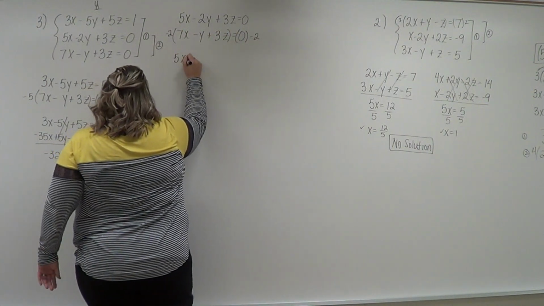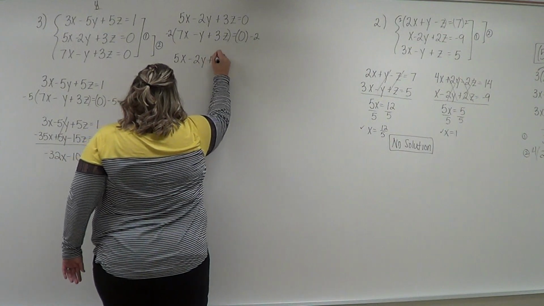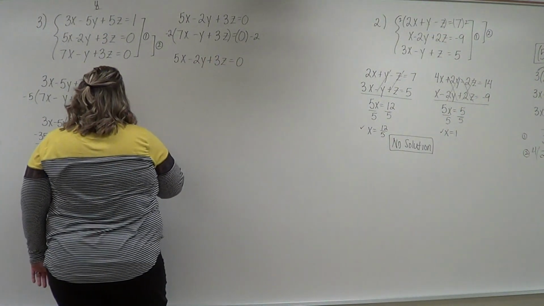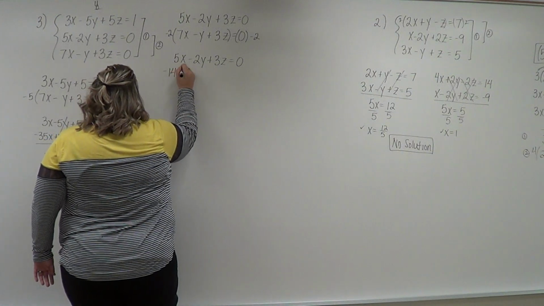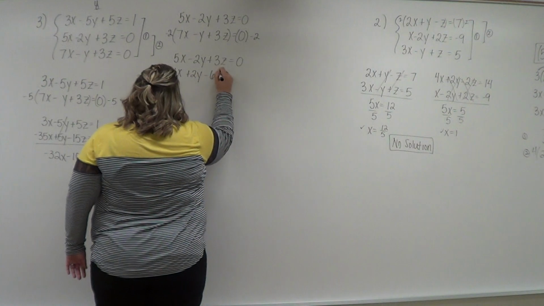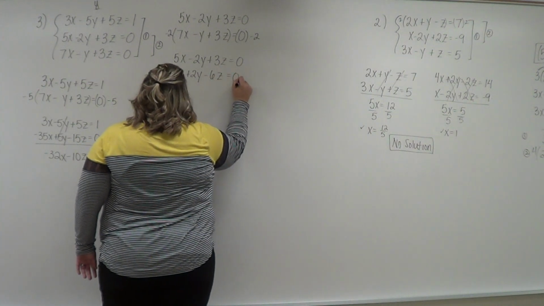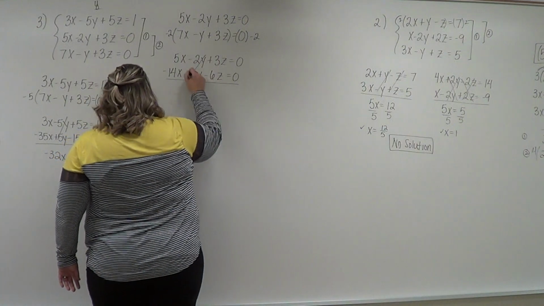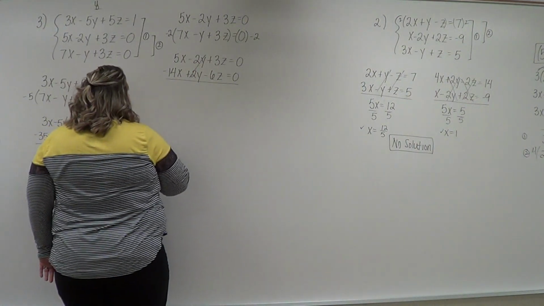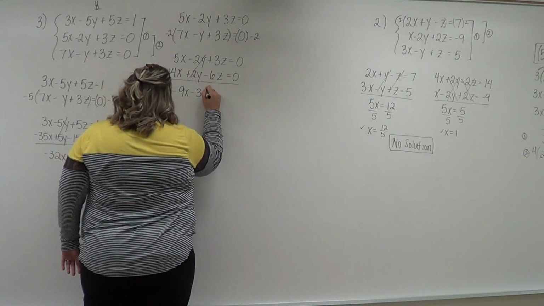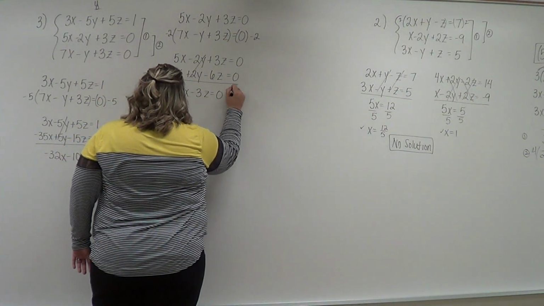So it would be 5x minus 2y plus 3z equals 0, and then I would have -14x plus 2y minus 6z equals 0. So my y's would cancel, and I would have -9x minus 3z equals 0.